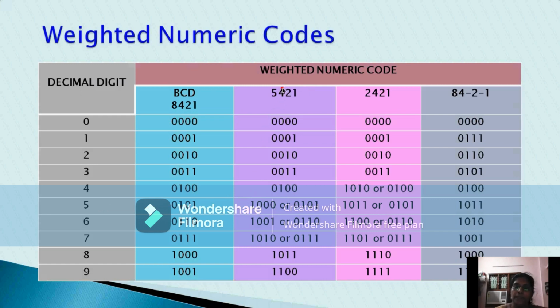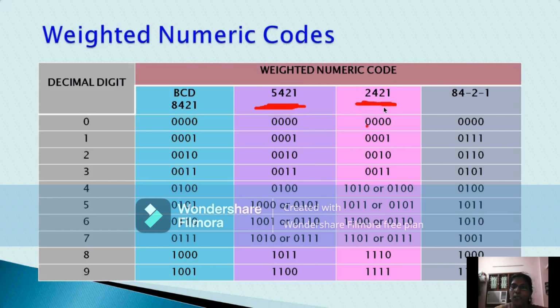One more possibility is there for 5. 4 plus 1 is what? 5. Am I right? 4 plus 1 also 5. So in the place of 4, in the place of 1, we put 1, 1. Remaining are 0. So you may use this, or this. Understood?